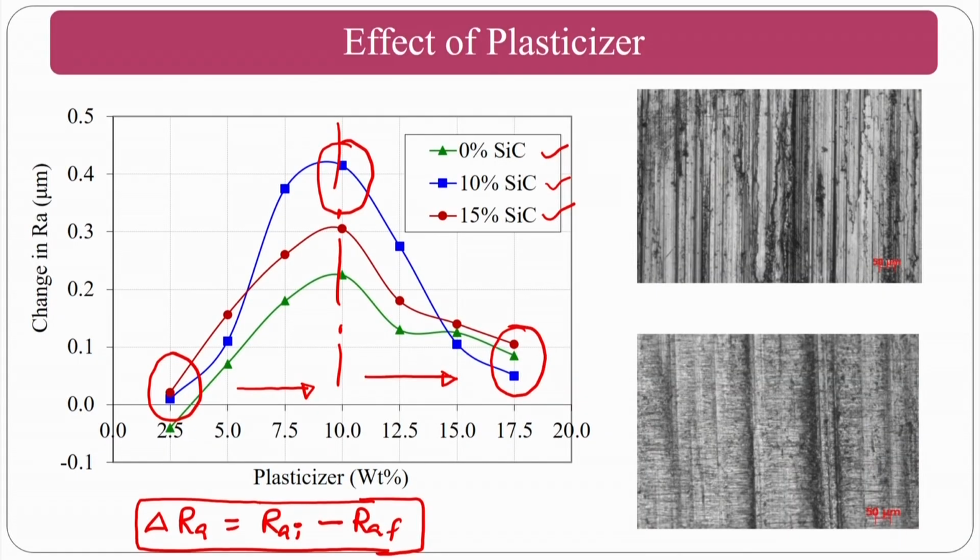The same thing happens on the other side. At 17.5, you have ample plasticizer, softeners and other things. So your medium is so low viscous, it will simply flow on top of the surface.